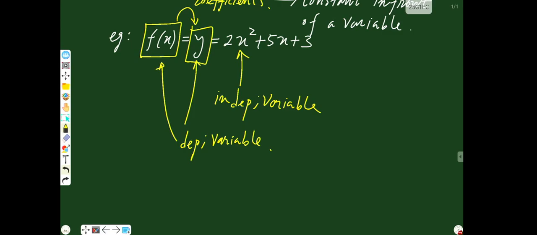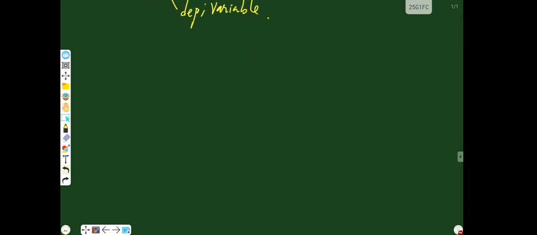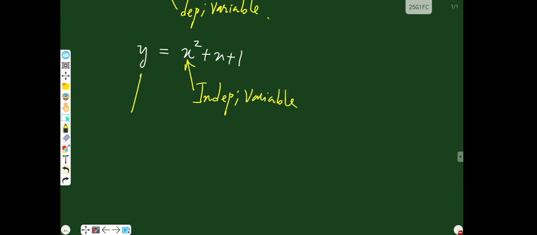So f(x) is a dependent variable as well. Why is this f(x) way of writing a function important? Suppose you have y is equal to x squared plus x plus 1. This x is the independent variable, and this y is the dependent variable.